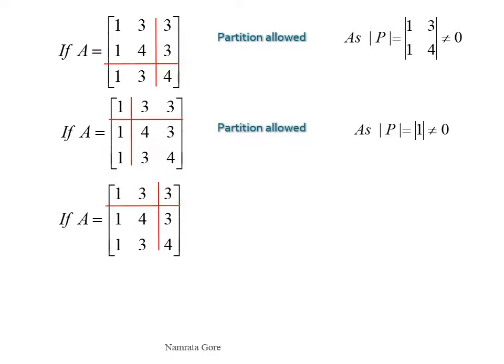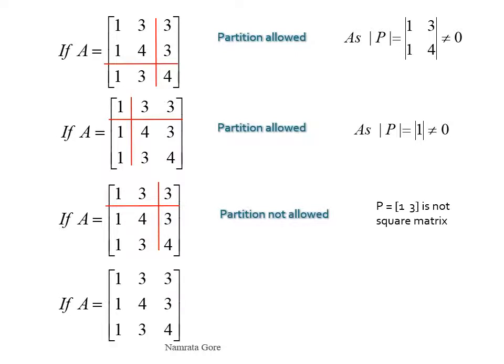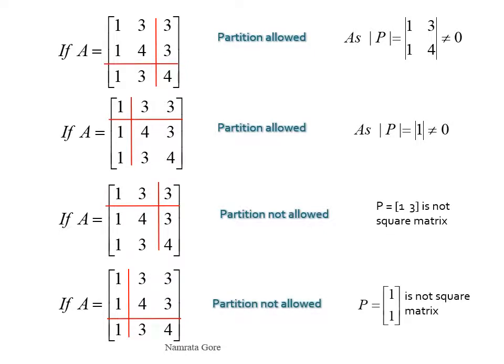Now if we partition it like this, this type of partition is not allowed because P is 1 3. It is not a square matrix first of all. So the condition for partitioning is that P should be a square matrix. Again, this is another type of partition which is not allowed because again P is not a square matrix.